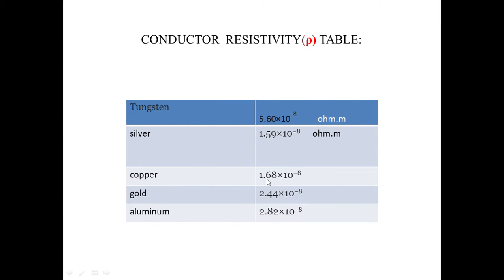Copper is equal to 1.68 times 10 to the minus 8 ohm meter, and gold is equal to 2.44 times 10 to the minus 8 ohm meter. Aluminium is equal to 2.82 times 10 to the minus 8 ohm meter. This is the resistivity of different types of material. So here we have a problem.